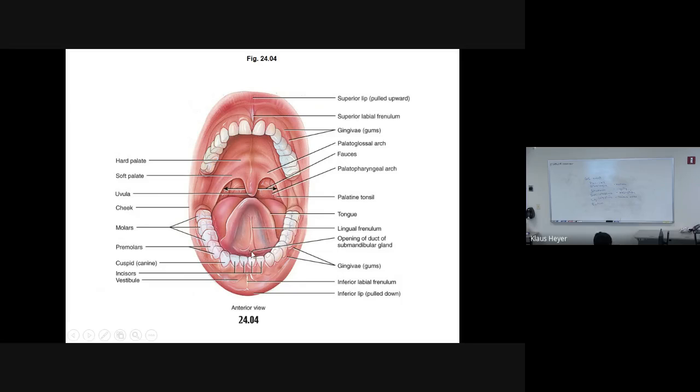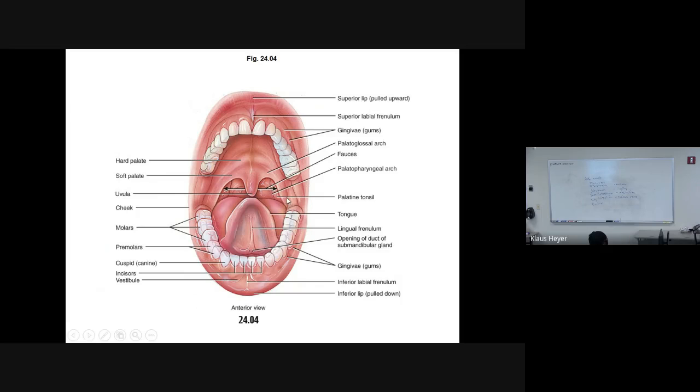You've got glands. Why the name? Salivary glands and salivary ducts. Here's one of them. You've got one right under your tongue, the submandibular duct, because you have a submandibular gland on the floor of your mouth, under your tongue.